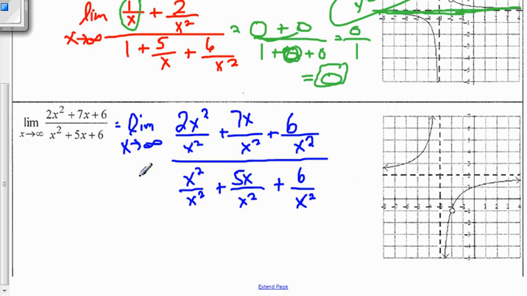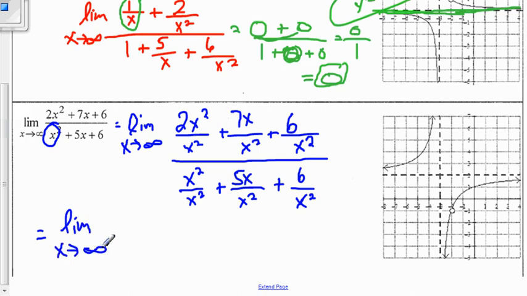So we're going to divide every term by x squared, which is the highest power of x in the denominator. And now let's simplify this, again dividing by x squared. We get the limit of the function as x approaches infinity.